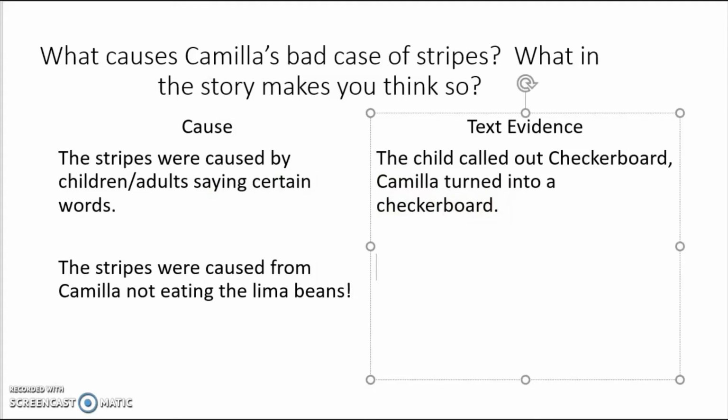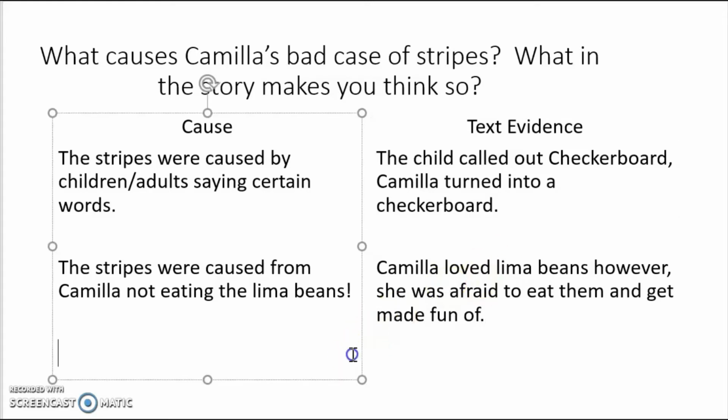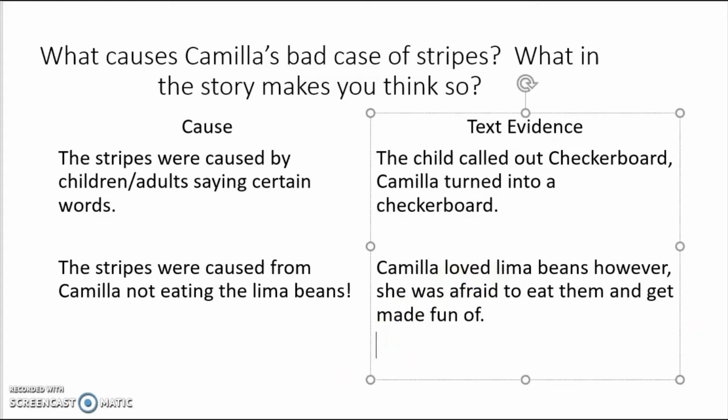Then I asked her for some text evidence. Can you support your thinking? What in the story makes you think that? And she told me Camilla loved lima beans. However, she was afraid to eat them and get made fun of. So I have two students, different reasons, but they were able to support their thinking about what's causing these stripes to occur.